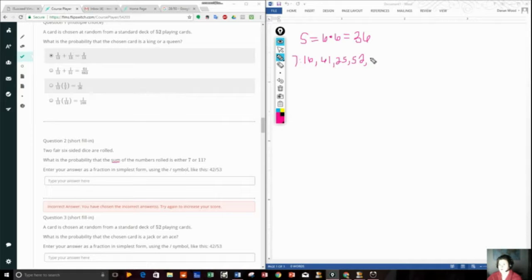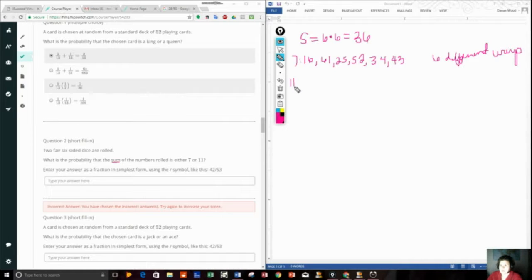I could roll a 3 and a 4, or I could roll a 4 and a 3. And that's as far as we can go to make a 7. So there are a total of 1, 2, 3, 4, 5, 6. So 6 different ways of making 7.